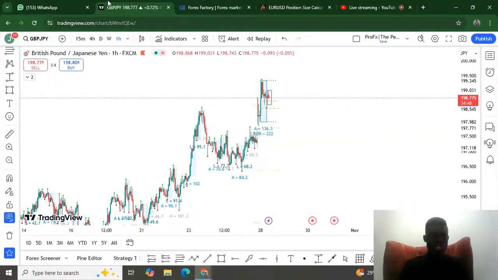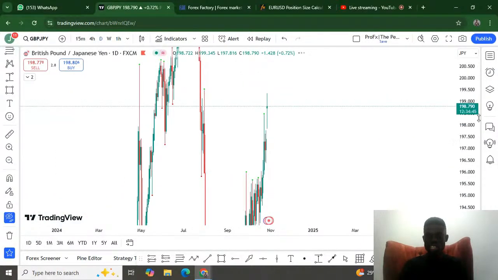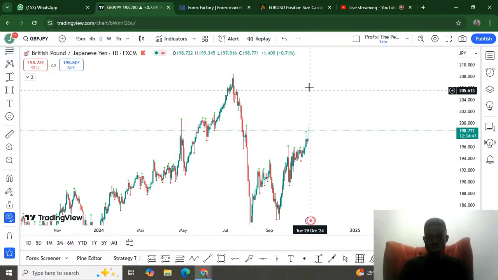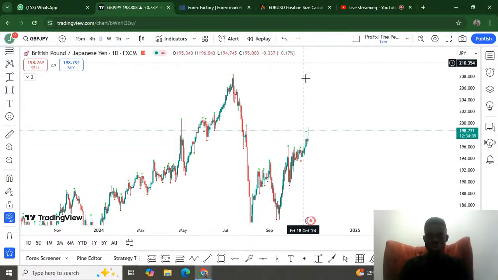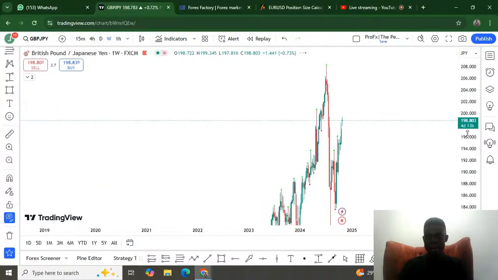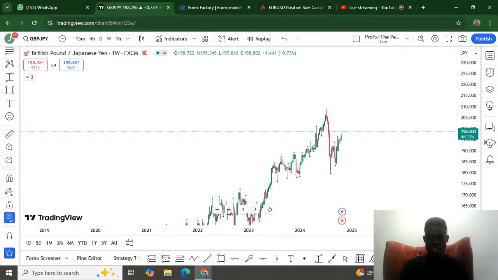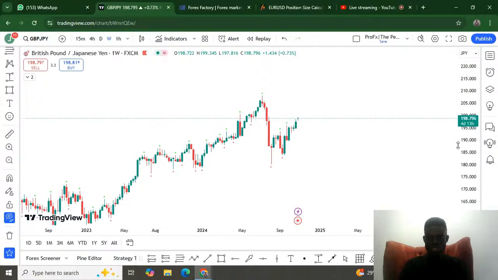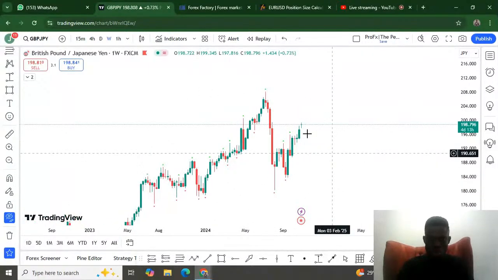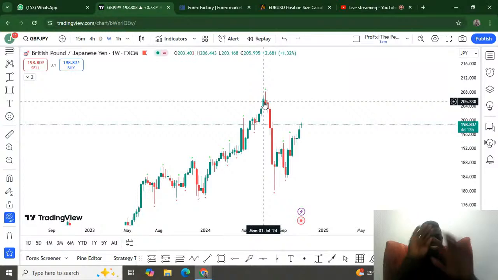Because the goal is to come to this place. Can you see where you are going to? We still have a long way to go, because it has done a perfect demand zone, look at this weekly time frame. So we are coming to this supply. It is a magnet. You can't change it.